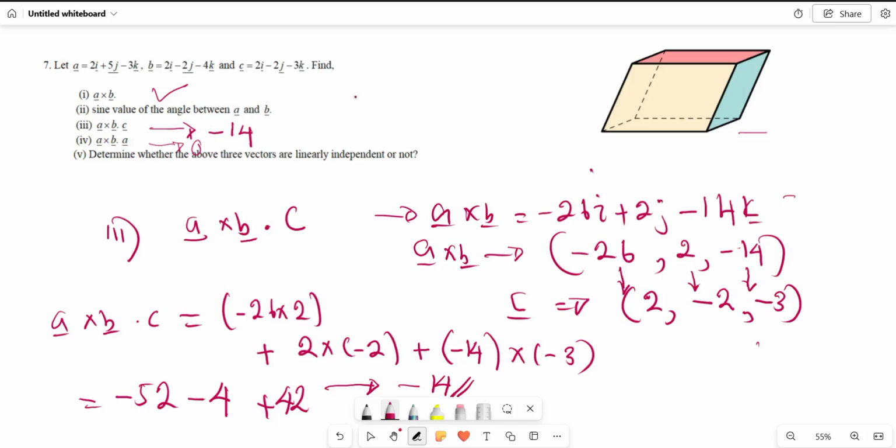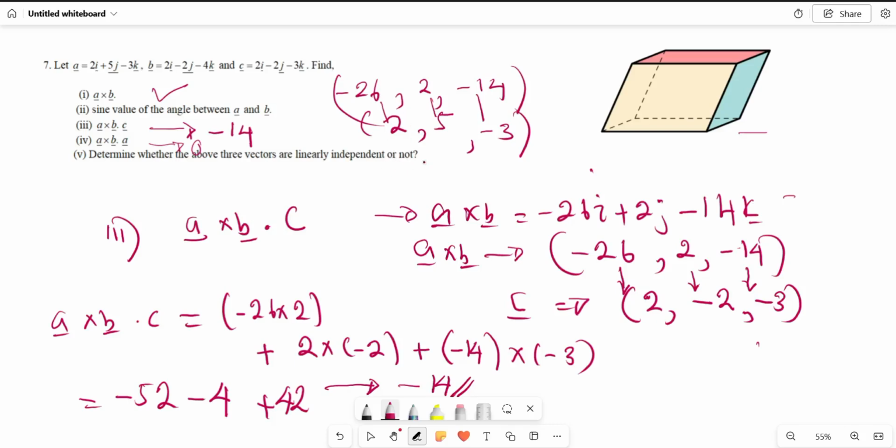We'll see whether it comes out the same in the other format as well. So we know that this cross product is minus 26, 2 and minus 14. And what is vector A? Vector A is 2i, 5j, and minus 3k, so 2, 5 and minus 3. You multiply and add them up.